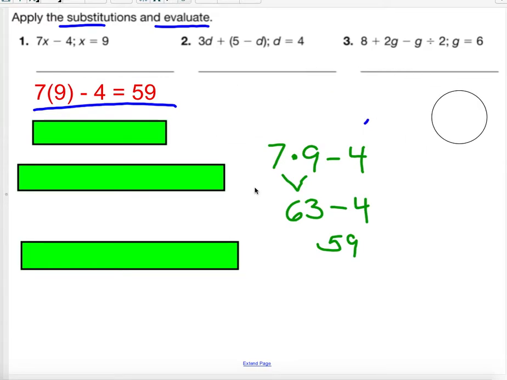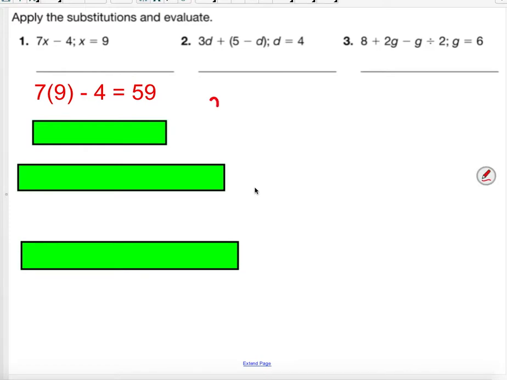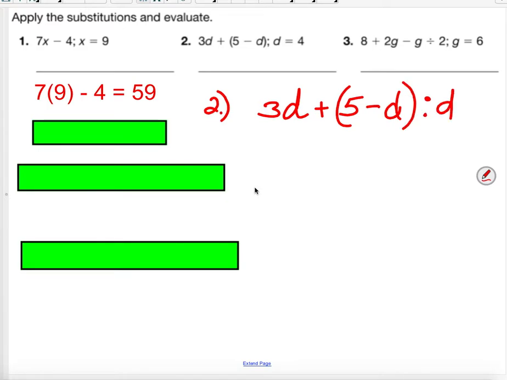Alright, let's take a look at problem number 2. We have 3d, 3 times d, where 3 is the coefficient, plus 5 in parentheses minus d, and d has a value of 4.